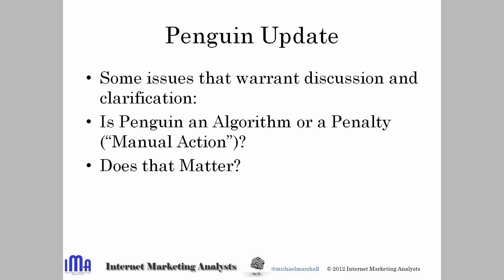So you will get demoted, but it's what's called an algorithmic demotion. And what's happening is they're not penalizing you, for example, for low quality links that you have. The algorithm is not counting those links anymore. You can think of it in terms of it's sucking the juice out of those links so that they don't help you anymore.